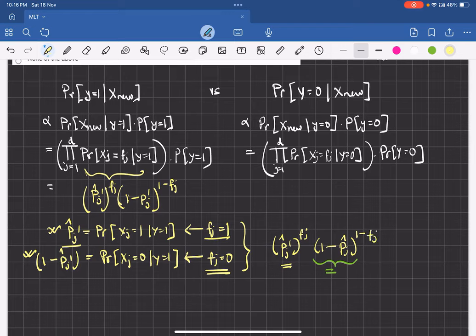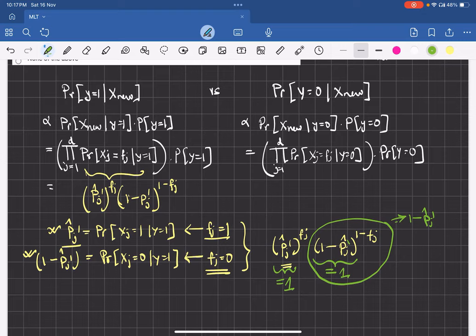So if fj is 1, this term becomes 1, and you have only pj1 hat. On the other hand, if fj is 0, then this term becomes 1, and this term will be equal to 1 minus pj1 hat.